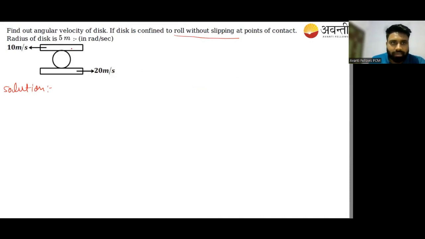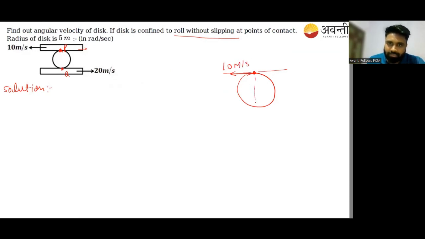At the point of contact, let this be point P and this be point Q. Because this is rolling without slipping, point P has a velocity in this direction, which is 10 meter per second, exactly equal to the velocity of this plank, 10 meter per second.